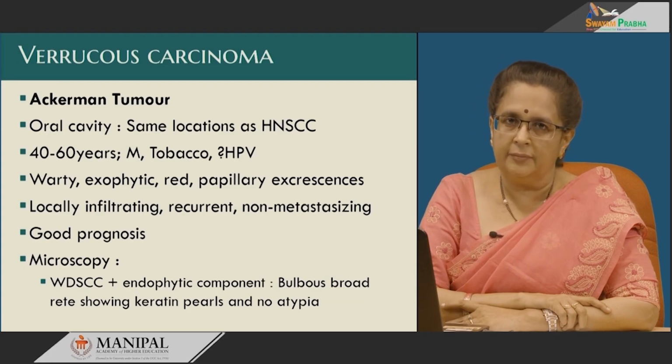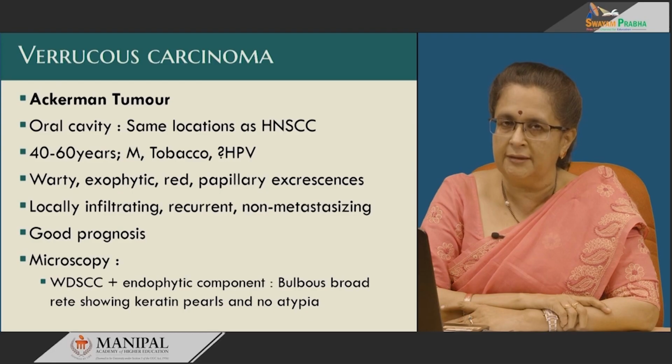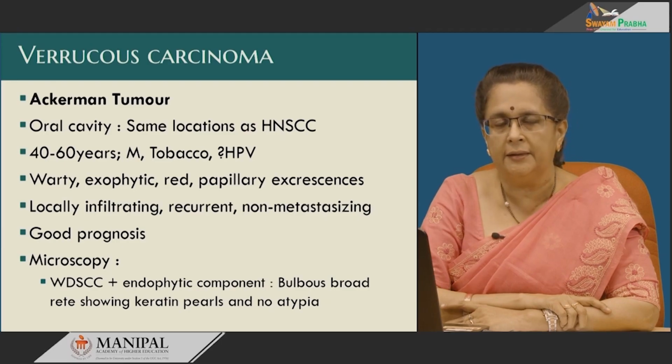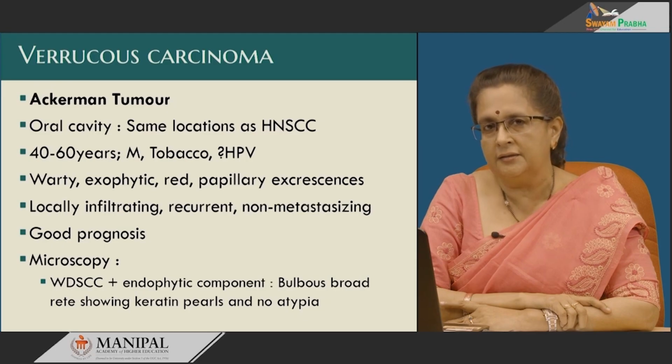Excellent prognosis, and microscopically it is characterized by a well differentiated squamous cell carcinoma with no atypia seen, bulbous rete pegs. The rete are nothing but the extension, the lower extension of the stratified squamous epithelium. So, these are bulbous and they are growing downwards and inwards with these rete showing keratin pearls.